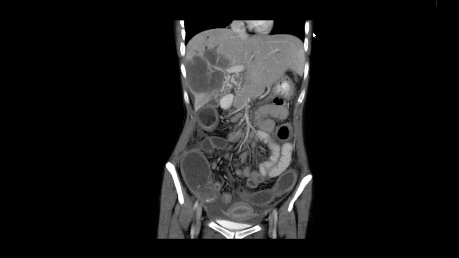So in summary? There is bowel wall thickening and large lymph nodes and an ill-defined area in the liver. So this is some infectious process.